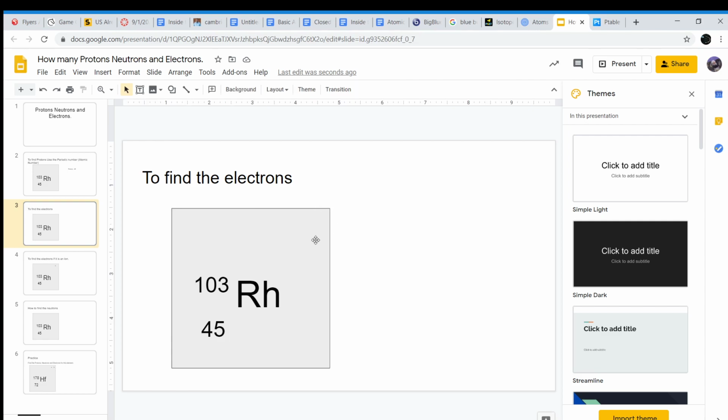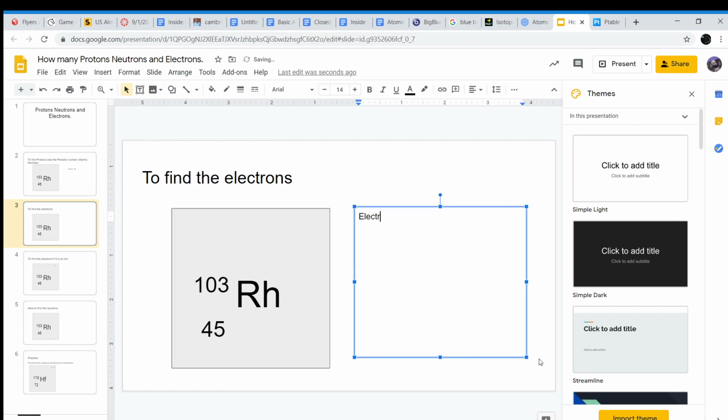If you see nothing here, then the number of electrons is going to equal the number of protons. So for this particular one, the electrons equal the protons, and we can safely say that there are 45 electrons.